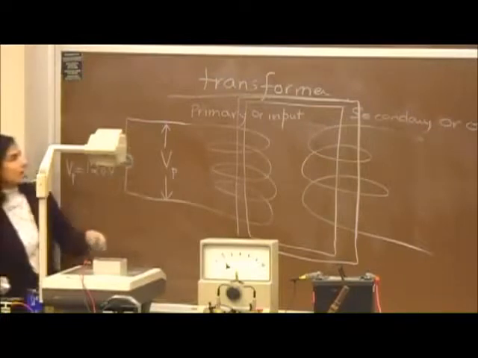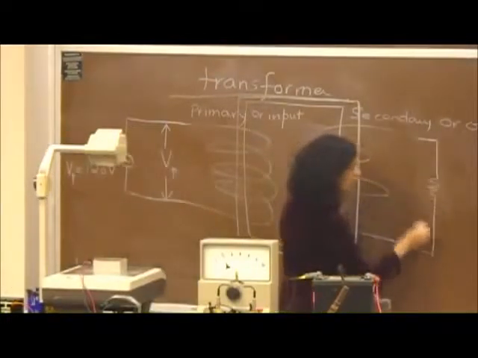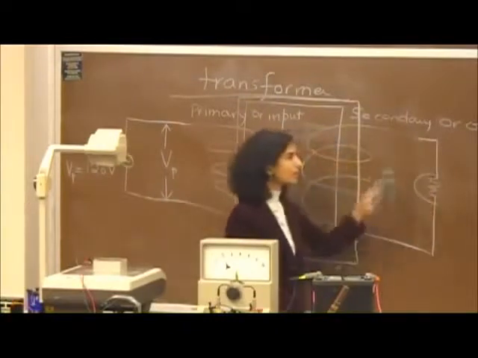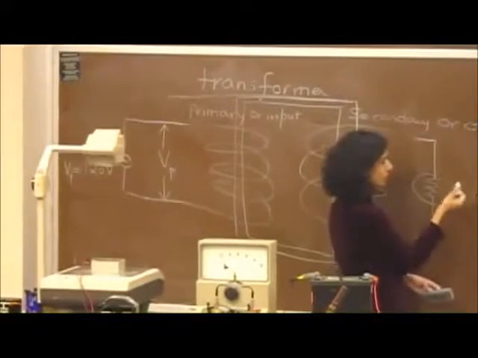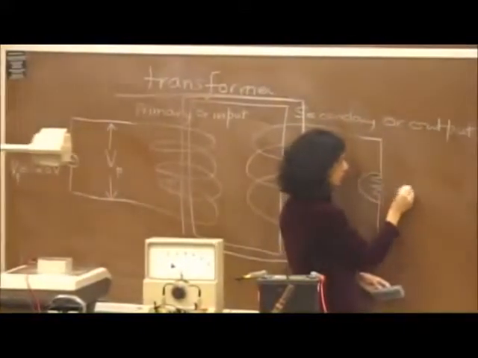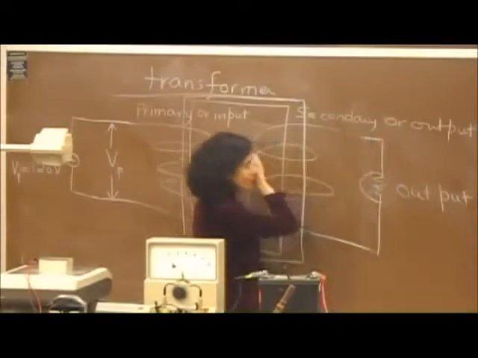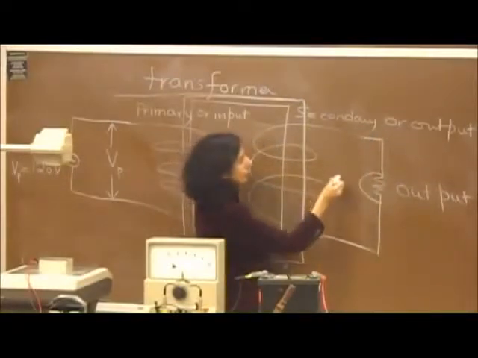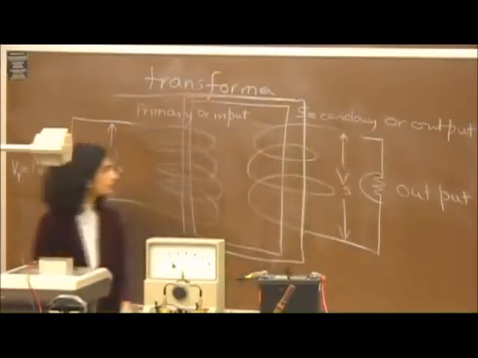Suppose here I had my output, let's say my hair dryer or my TV or something like this. So this is some load or resistance, this is the output, and let's say that the voltage across it is V sub S, which is the voltage in the secondary.